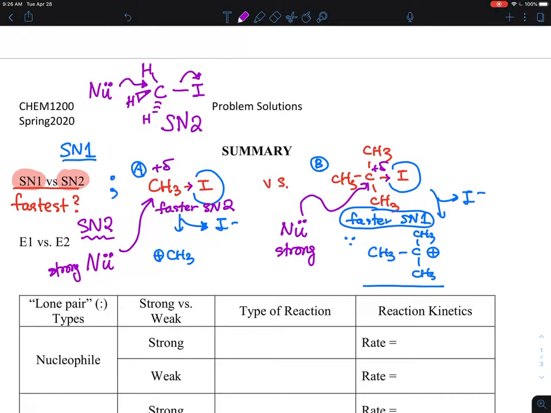Now I'm drawing the same thing, carbon attached to the iodine, but this time we are talking about methyl, methyl, methyl. And the same thing, a strong nucleophile trying to make a bond here. So this is an SN2 reaction.